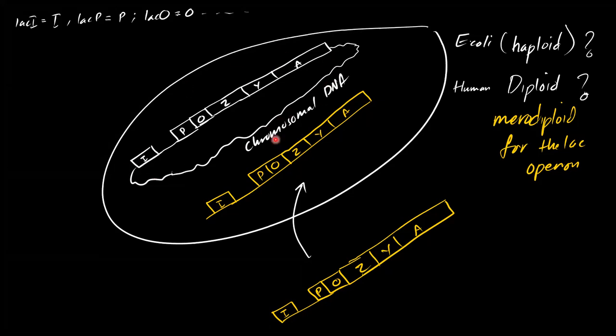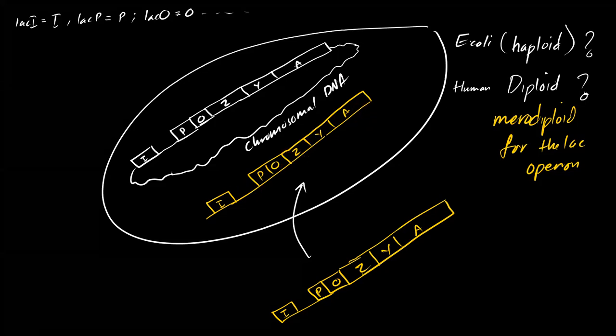It's a circular chromosome. And we artificially, بشكل صناعي, introduce another copy. So now the bacteria is considered merodiploid. Merodiploid means just partially diploid. We do not call it diploid because we did not provide another copy for all other genes. We only introduced another copy of the lac operon.